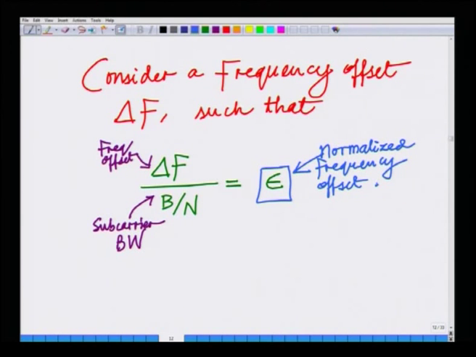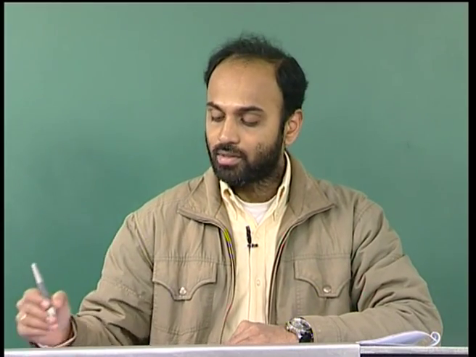This tells us what is the normalized offset as a function of the subcarrier bandwidth in this OFDM system.